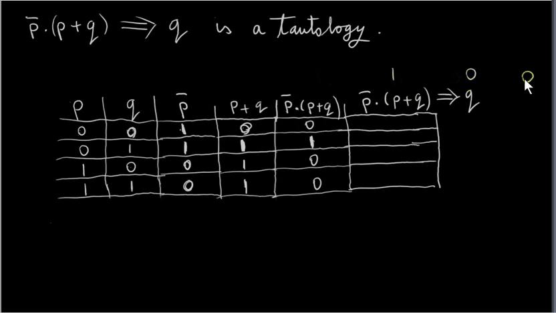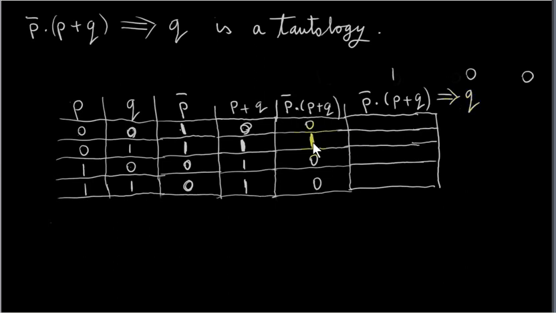So we have the 1, 0, 0 situation that I explained about earlier. So we can see when p bar is 1, as it is here, and when this here is 1, as it is here, p bar dot (p plus q) is 1, and the right hand side of the implication statement is 0.